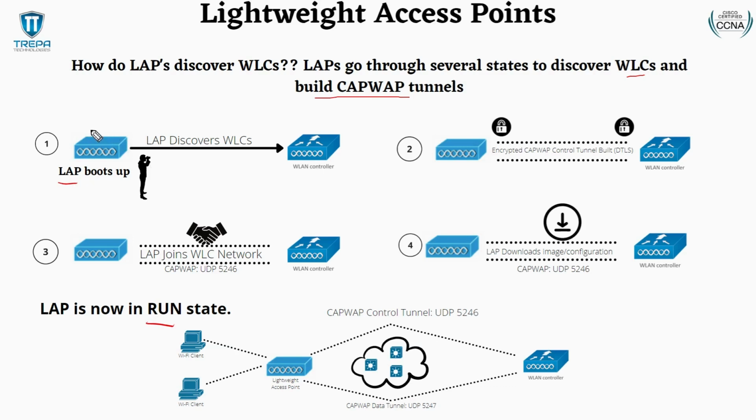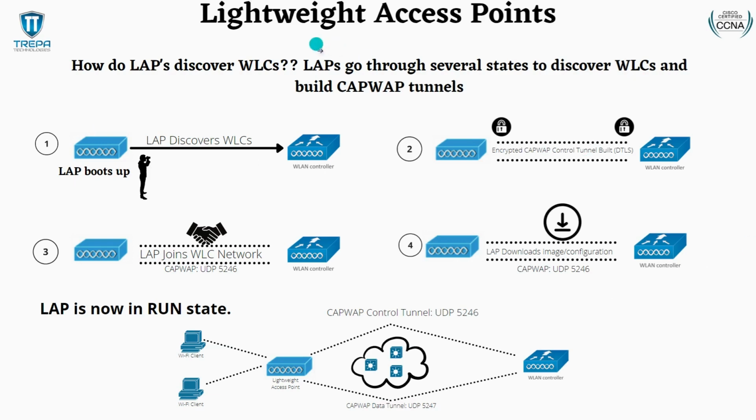Typically, you're going to have red, blue, and green. And you're going to see these flash, and the different flashes and light colors are going to tell you actually what stage the lightweight access point is going through.